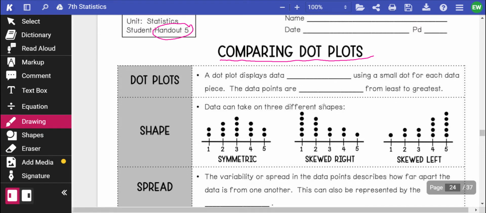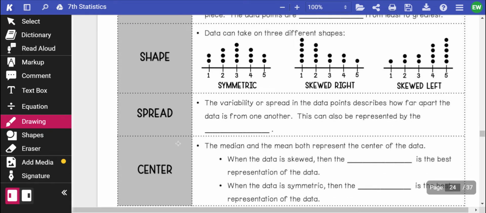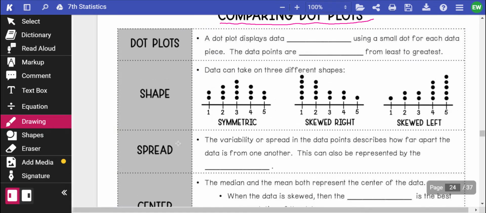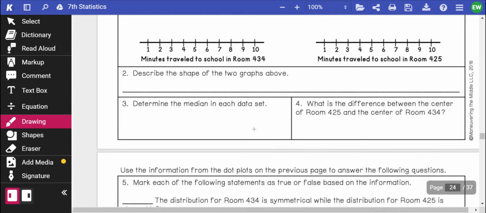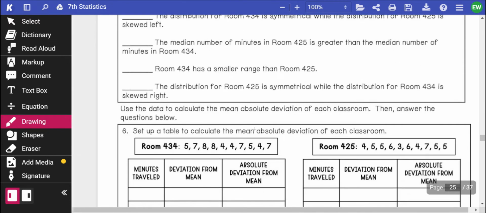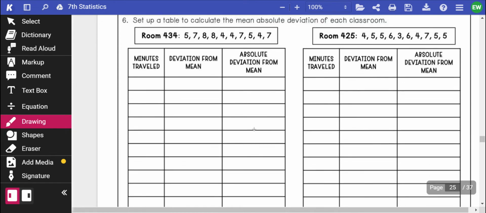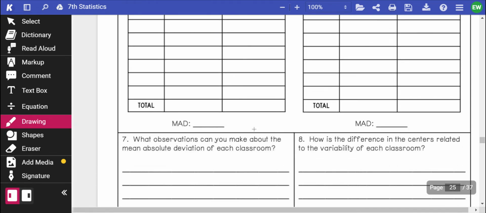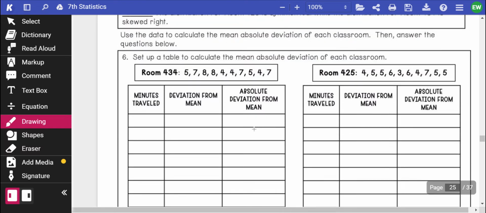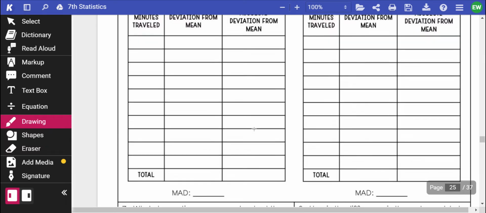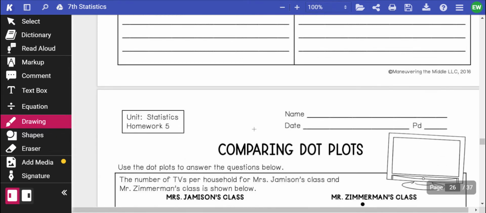We have a few vocabulary words to go over, some notes to take, and then you have some practice problems. You're going to throw your answers in this Edpuzzle, and when you're finished submitting it, there is this homework 5 here to work on during class.